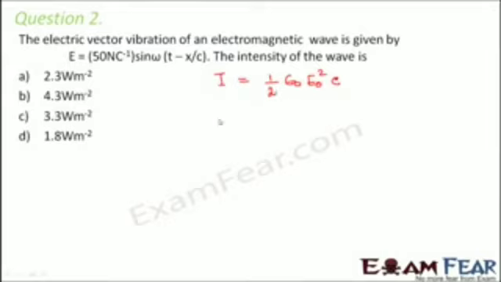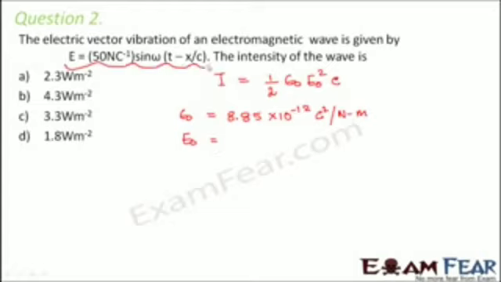Okay, so in this case, what are the values that we need? So epsilon naught is permittivity in free space which has a fixed value, that is 8.85 into 10 to the power minus 12 Coulomb square per Newton meter. Okay, what about E naught? So here if you look at this expression, you can compare it with this expression.